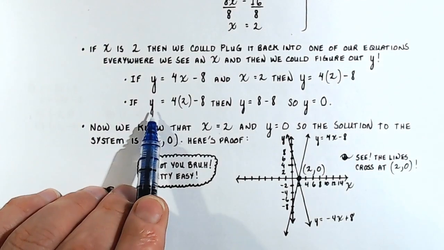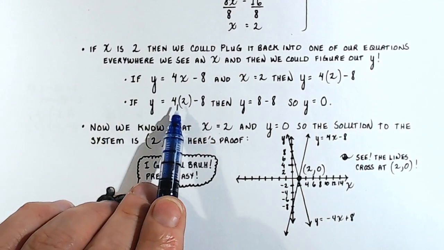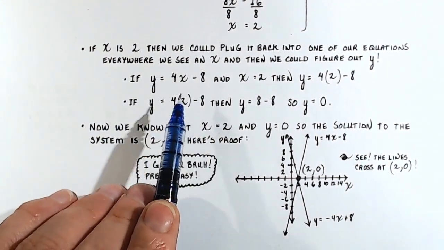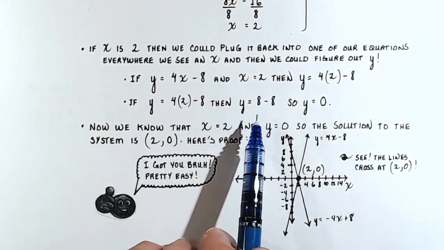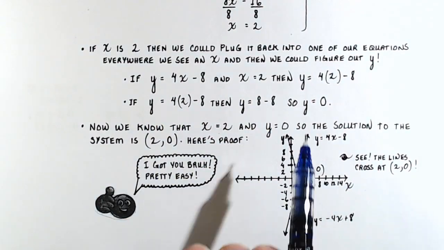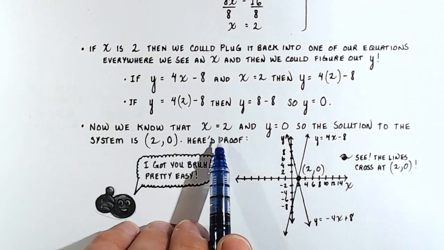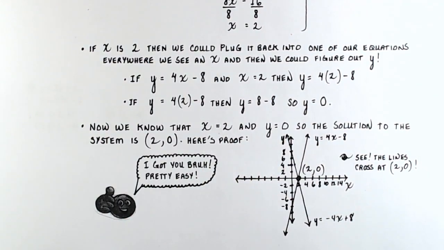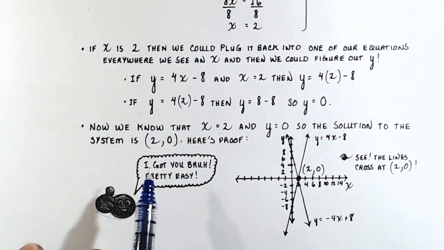Where x equals 2, y equals 4 times 2 minus 8, then y equals, 4 times 2 is 8, y equals 8 minus 8. So y equals 0. So now that we know x equals 2 and y equals 0, we know the solution to the system is 2 comma 0, or x comma y, 2 comma 0.